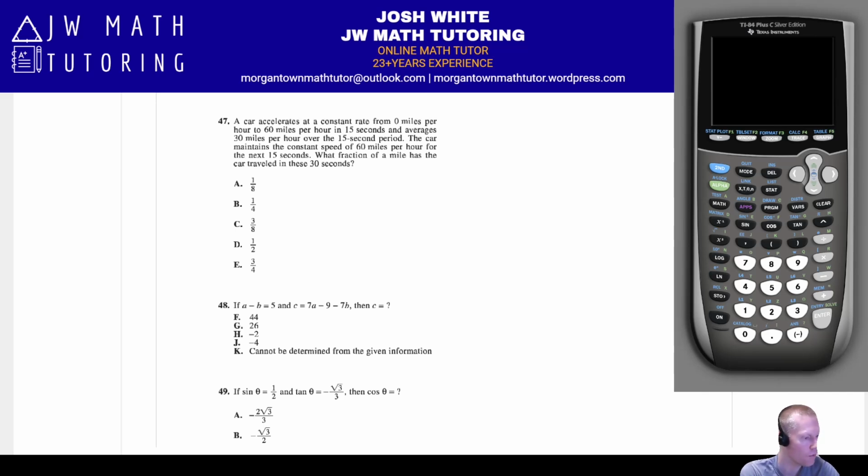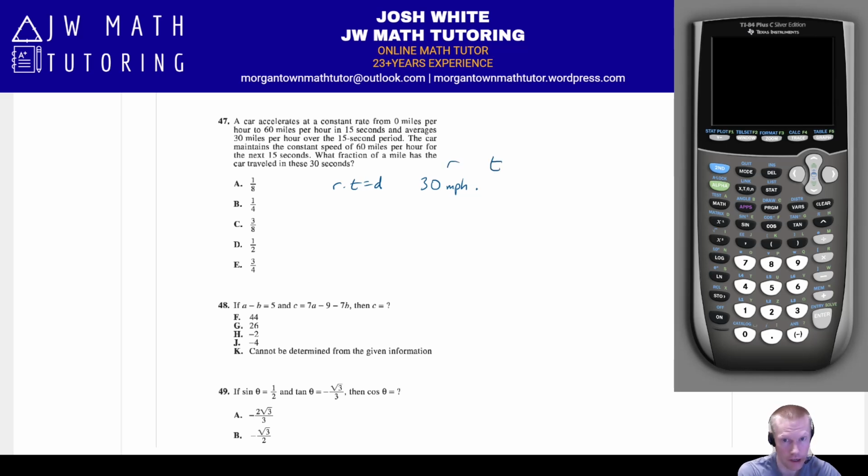All right, so we know the basic formula: rate times time equals distance. Now, we're going to look at the two parts of the trip. For the first part, the average speed is 30 miles per hour, so that's our rate.